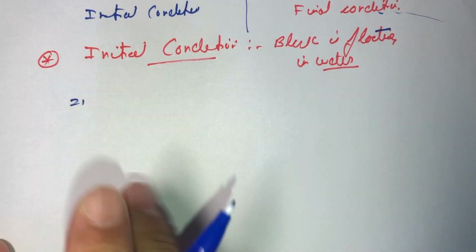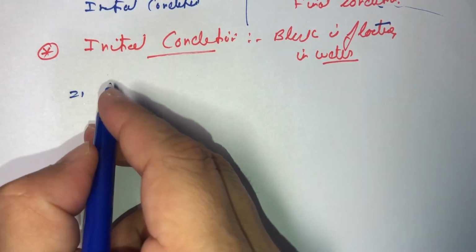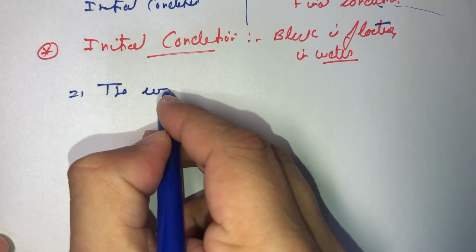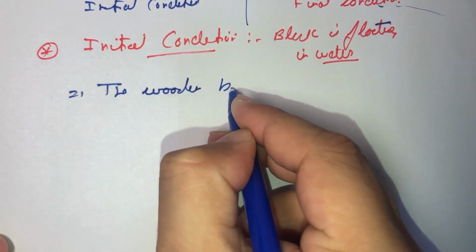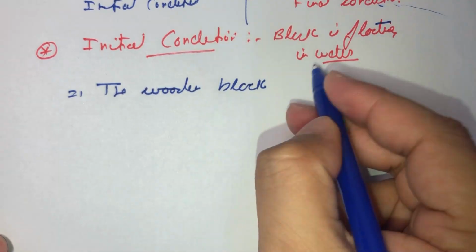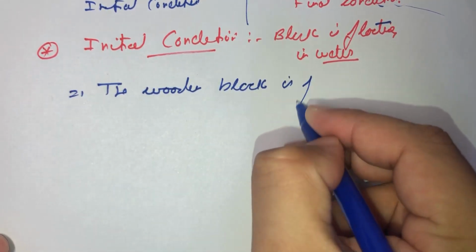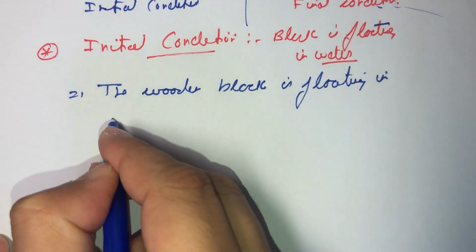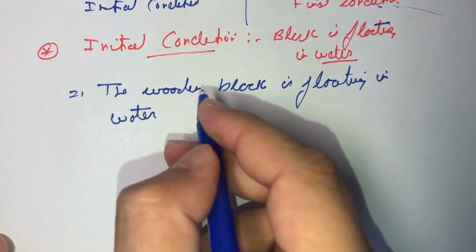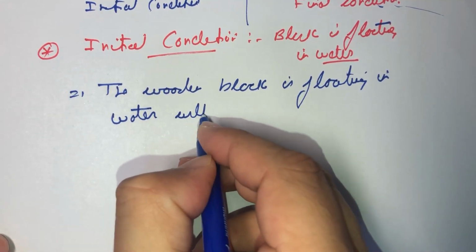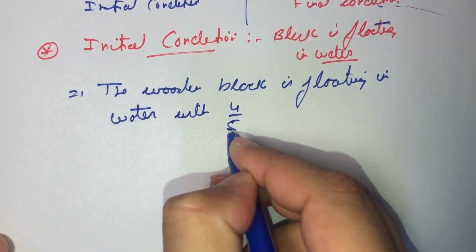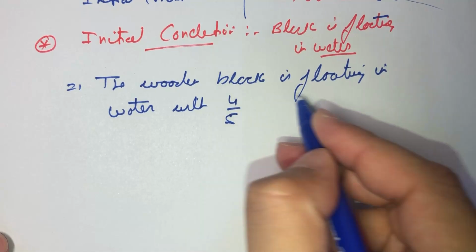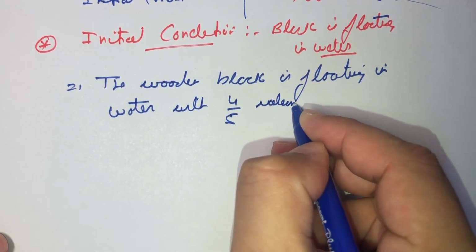So therefore you can say that the wooden block is floating in water with 4/5 volume submerged.